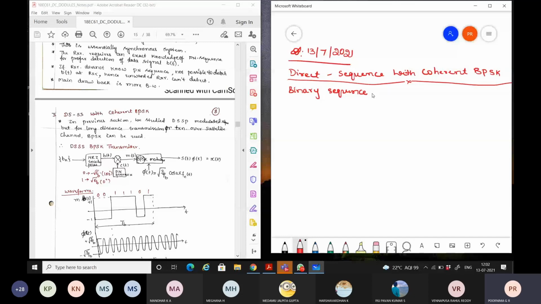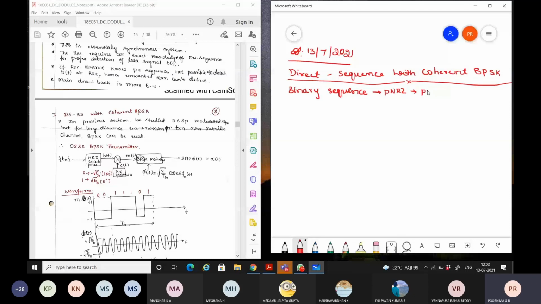adder, and after it is added, you will have the signal for transmission. And this signal, when it is transmitted, usually will transmit over the satellite channels.